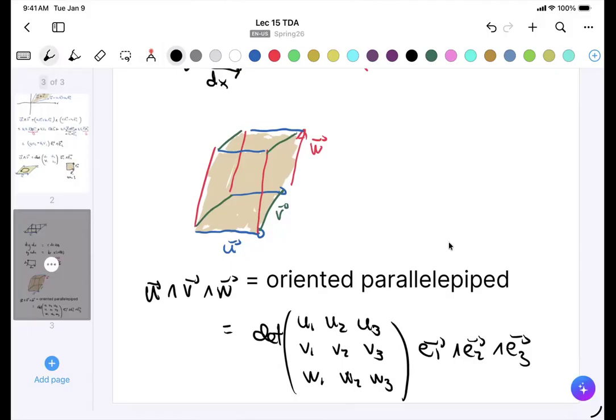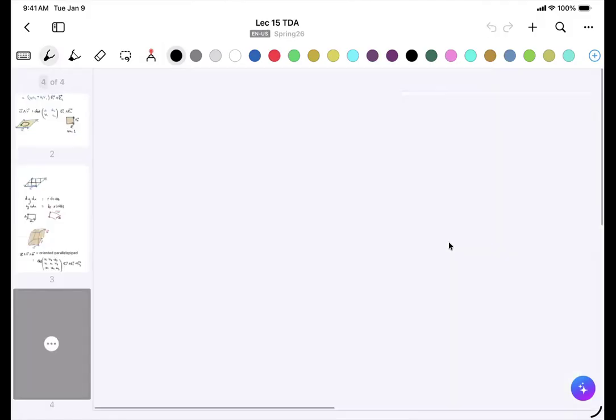So for example, I'll do one in R4, where you have different possibilities, because it's combinatorial. In R3, if you have three vectors, their wedge product would be a scalar multiple of E1 wedge E2 wedge E3, right? That is correct. But for example, in R4, you look at what happens with two vectors.